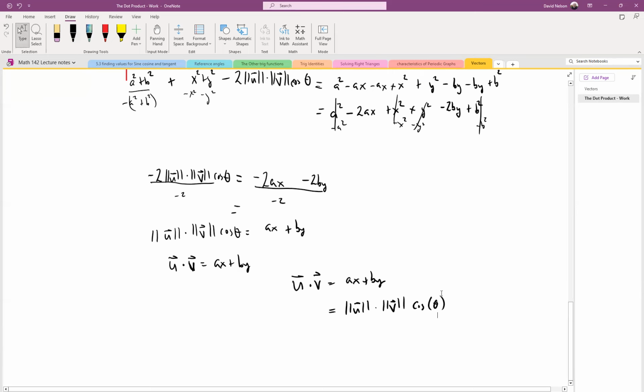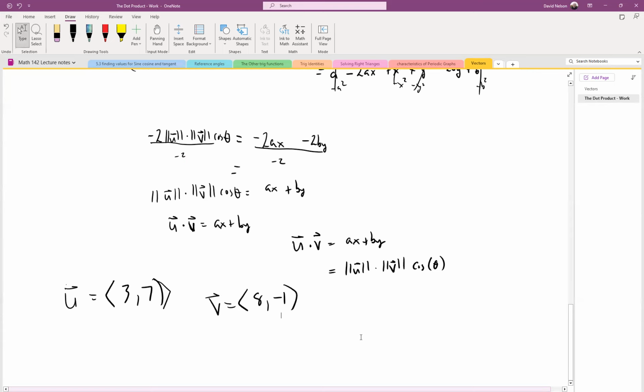All right. So if I've got things in component form, say u equals the vector 3, 7, and v is the vector 8, -1, and I need to calculate u dot v, it's super easy.